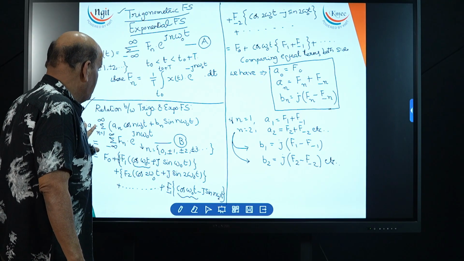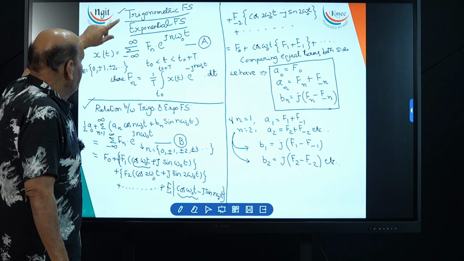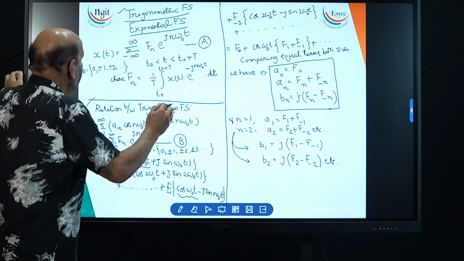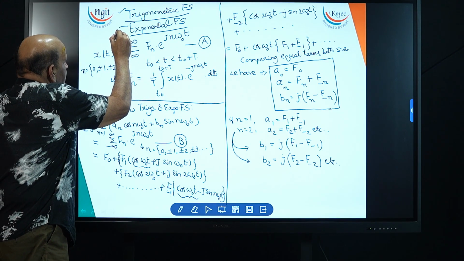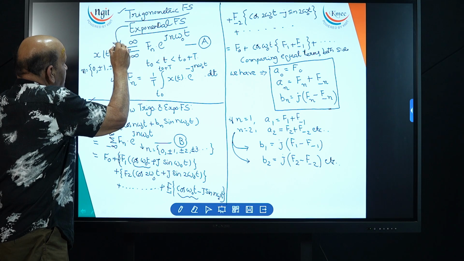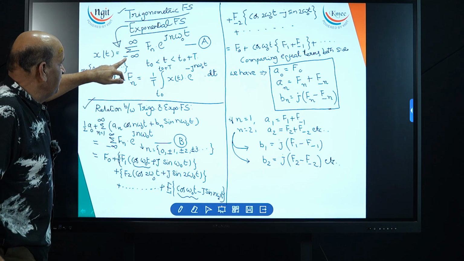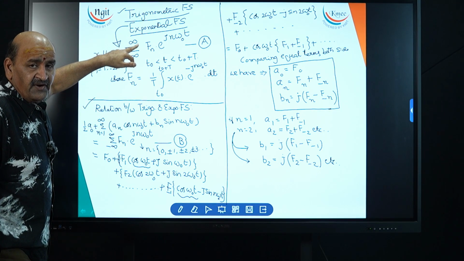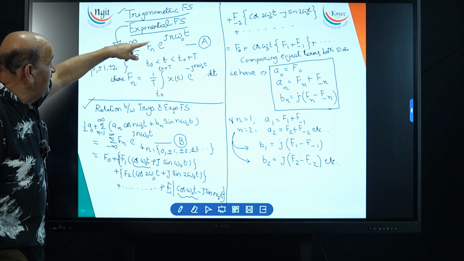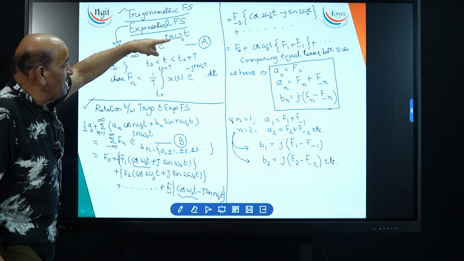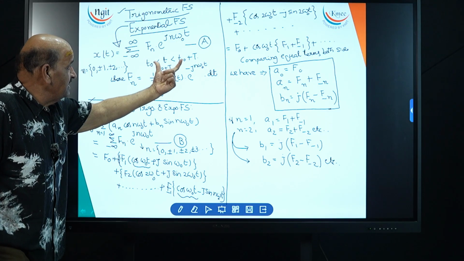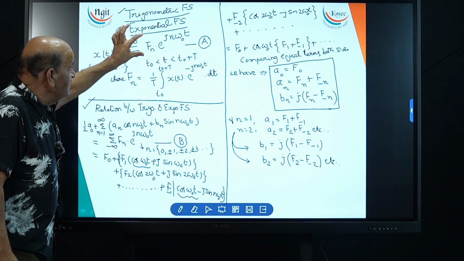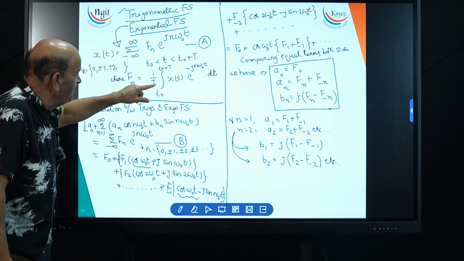Students have to remember one important point. First, the exponential Fourier series can be represented in this way: summation from minus infinity to infinity of f of n e power, look at the sign, this is positive, j n omega naught t, over the given interval time period, where the constant f of n equals this much.